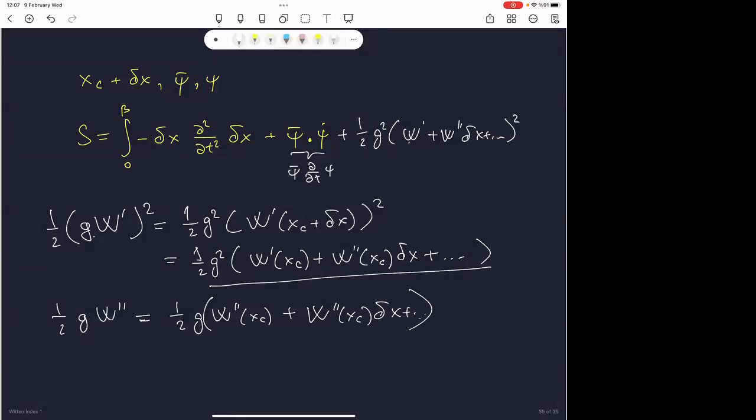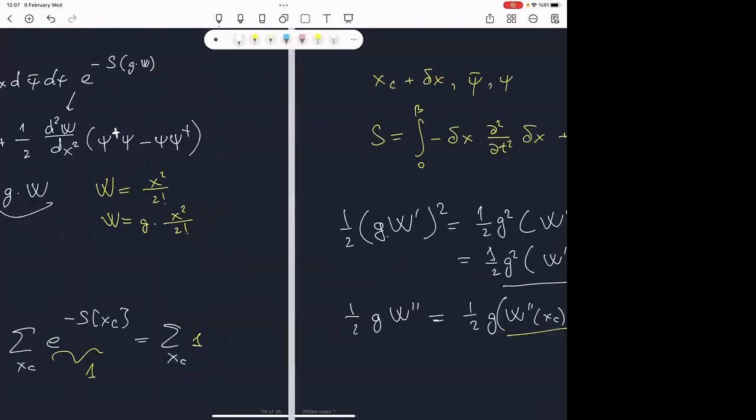But even this term I don't need, because then I'll get delta X times psi bar psi, so it's a mixed term. This is also not Gaussian, so I need to keep just the first term. So let me just add here the last term, it's just 1/2 G and W double prime psi bar psi.